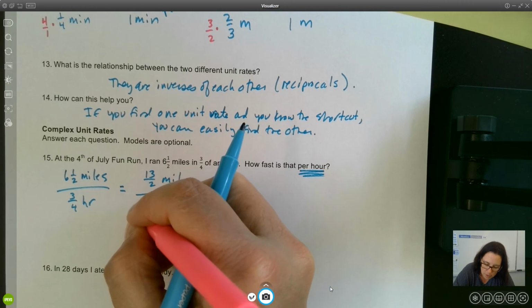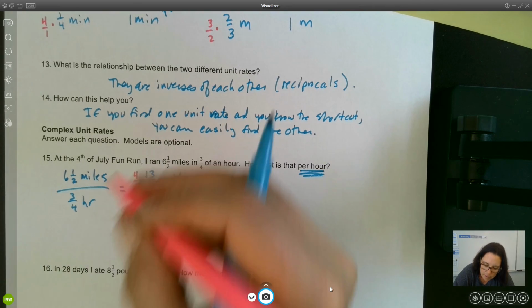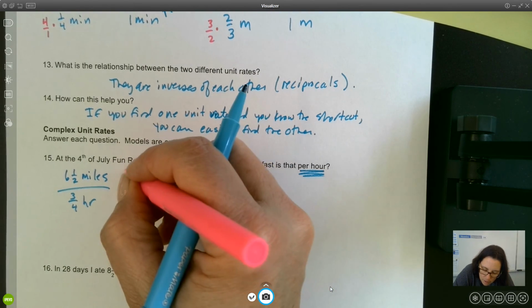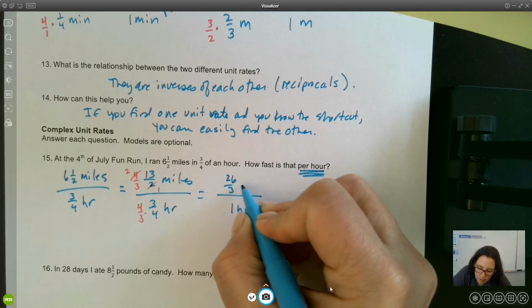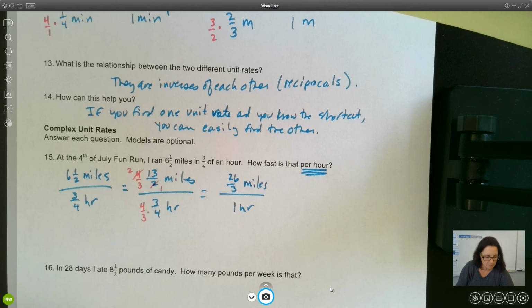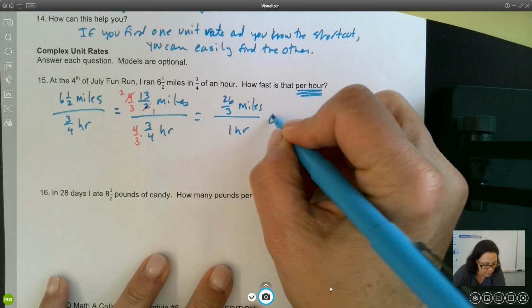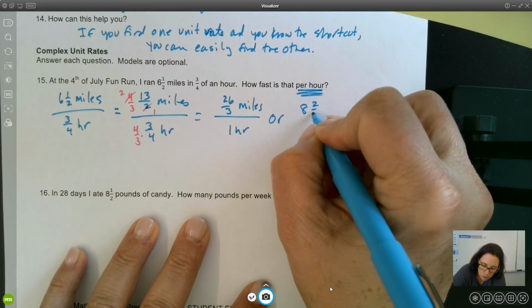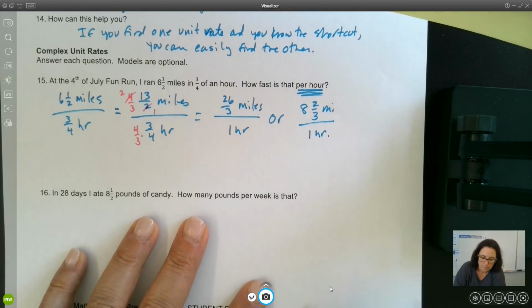So this needs to get multiplied by 4/3. Okay, this 2 and this 4 can cross cancel and leave you with 26/3 miles. If you want to make a mixed number, you can, but it's not necessary. Or 8 2/3 miles over 1 hour.